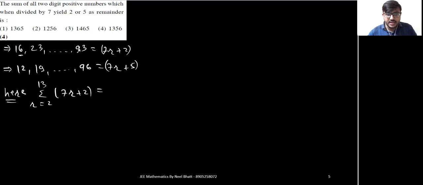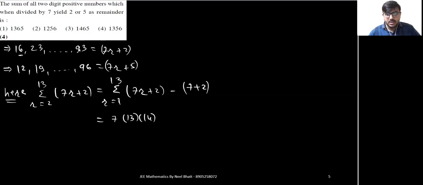So this can also be written as summation r equals 1 to 13 of 7r plus 2, minus (7 plus 2). Now using the sum of n terms, it is 7 into 13 into 14 by 2 plus 2 into 13, minus 9.